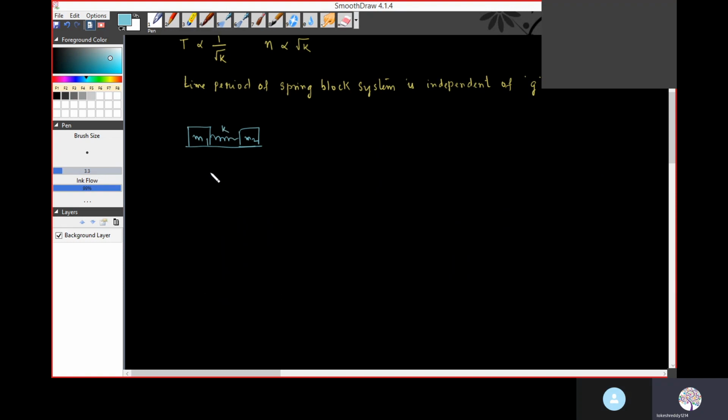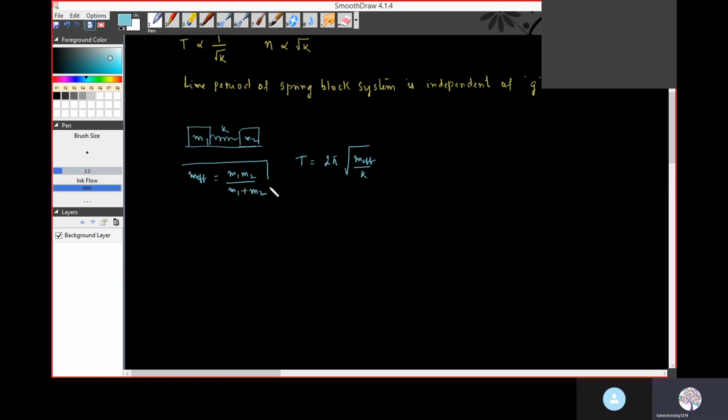Then T is equal to 2 pi root of M effective by K. This M effective is equal to M1 M2 by M1 plus M2.